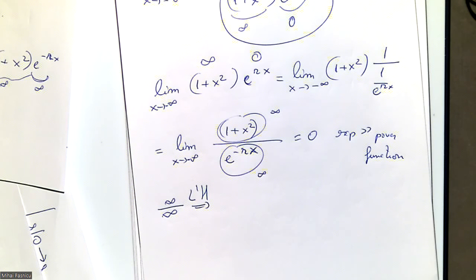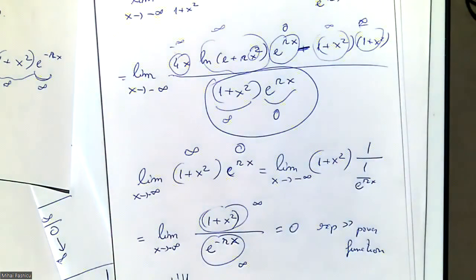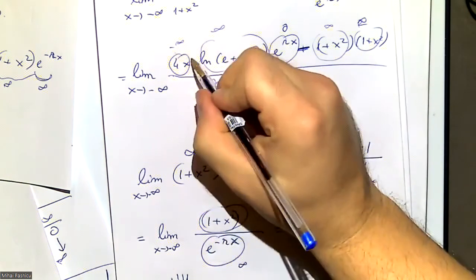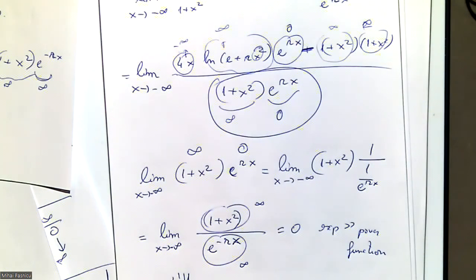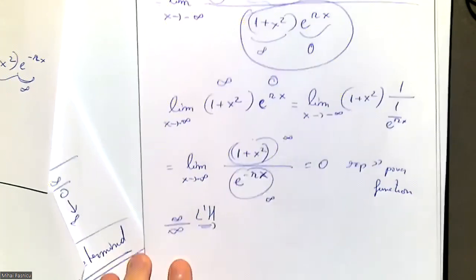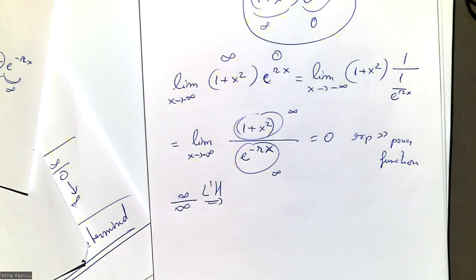Now, I was asked about the exam: you don't need to show me the way I'm writing it here, basically just putting a circle around it or an arrow showing where everything goes. Like, this goes to minus infinity, this goes to infinity. This is enough for L'Hopital. If you write the symbol of infinity over infinity or minus infinity over etc., that's enough for me.